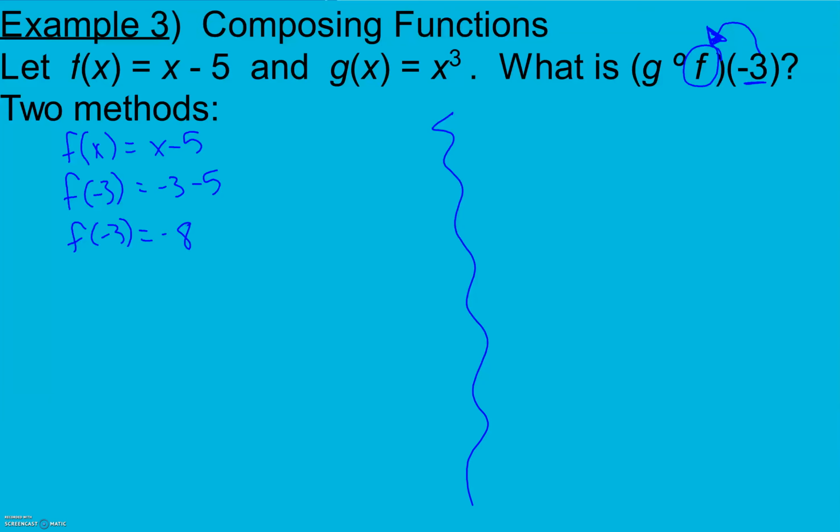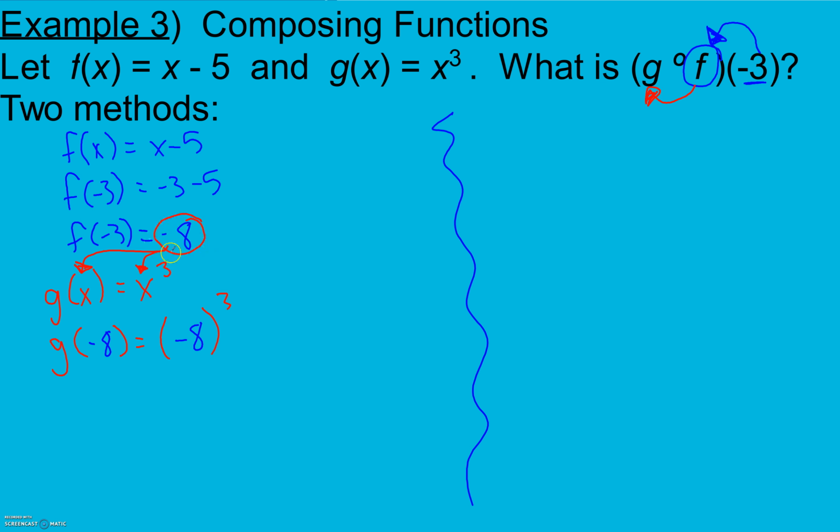Now, I take that value and I plug it in for g, because I want to know the value of my function g based on the value of my function f. So for g of x equals x cubed, I take my f value and plug it in everywhere I see an x. So I have g of negative 8 equals negative 8 cubed.